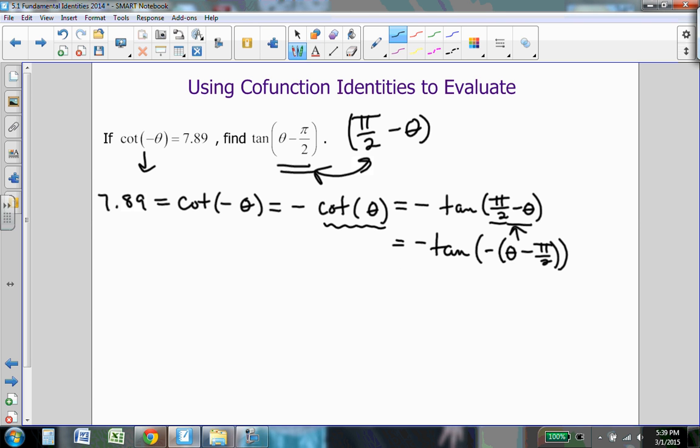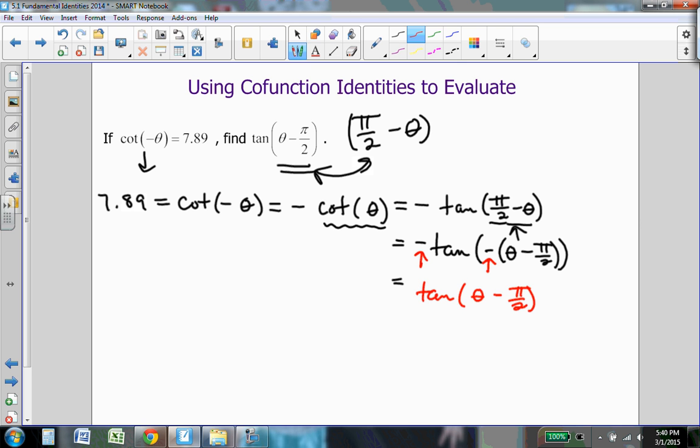So now we have a negative value inside our tangent value, so it's the opposite of this angle. Therefore, we're going to use another one of those even and odd identities. And that gets us, because there's a negative here and the negative here, they complement each other with those cofunction and even and odd identities, so that this is simply the tangent of theta minus pi over 2.